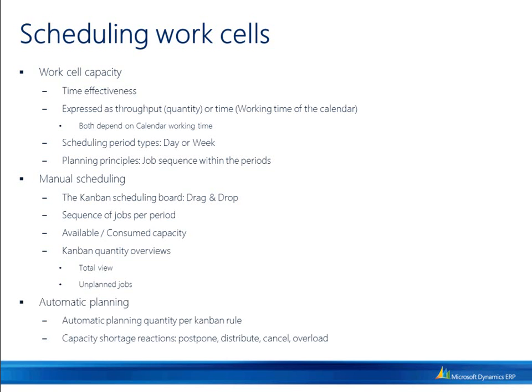Automatic planning. To avoid manual scheduling activities, Kanban rules can be configured for automatic planning. The automatic planning quantity of the Kanban rule specifies how many unplanned Kanban jobs for a specific work cell and Kanban rule need to be created before the automatic planning starts.